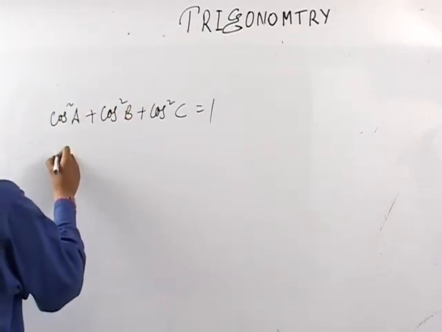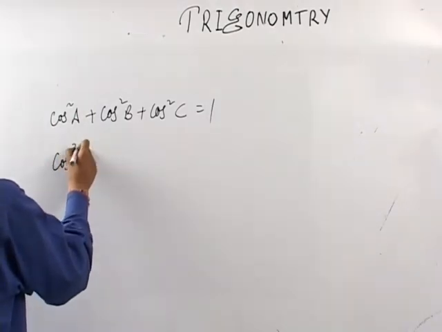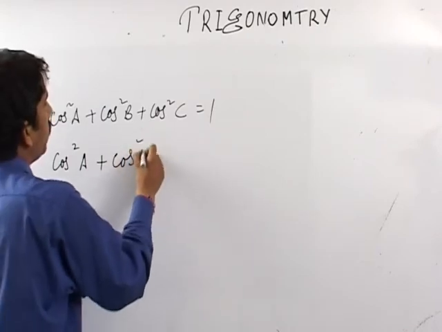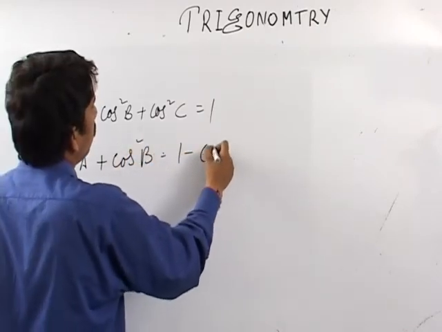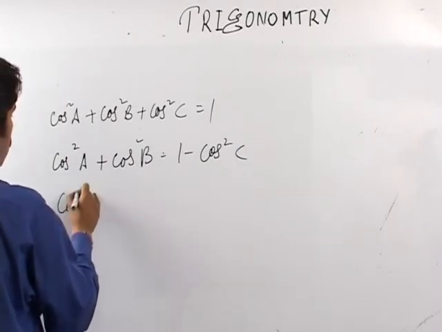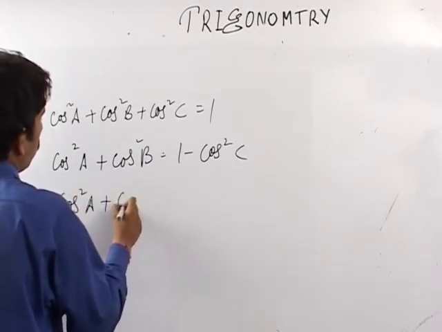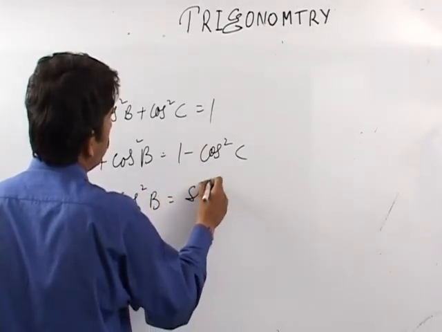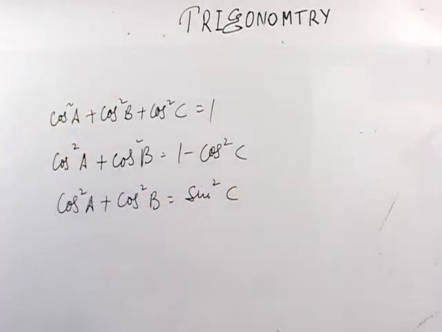So first of all, to find it, you write cos square A plus cos square B equal to 1 minus cos square C. Now 1 minus cos square C will be equal to sin square C. So this will be equal to sin square C.